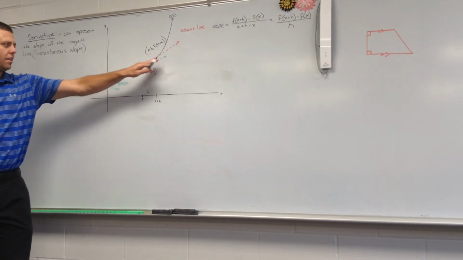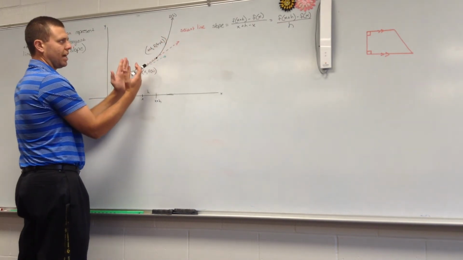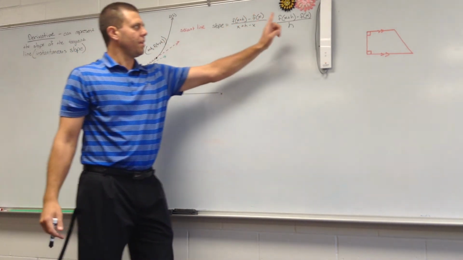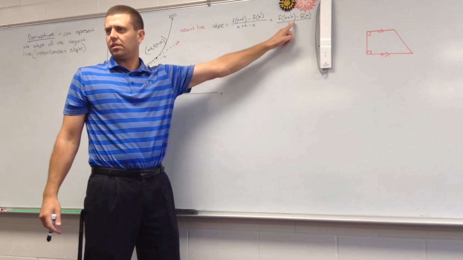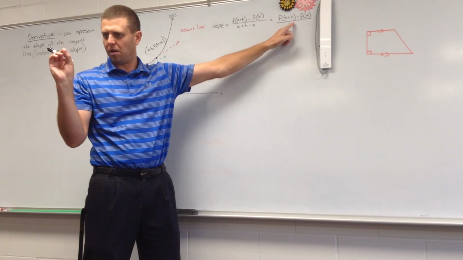So what we say then is, if we make h really, really tiny, then this is actually our slope of the tangent line. But h has to be really, really small.